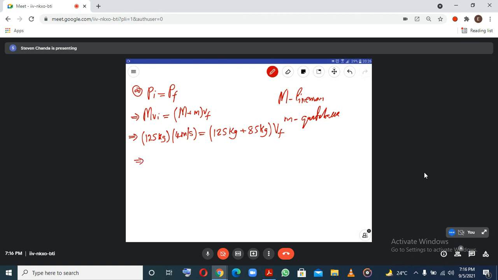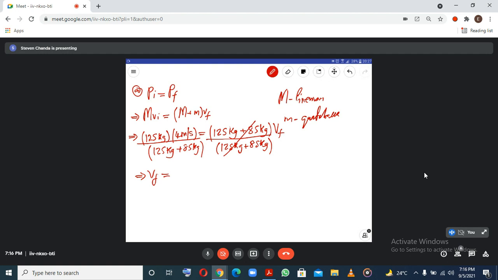So then what you do is divide this. If you want, you can make final velocity the subject of the formula just to make your work neater, but either way, you get your value.